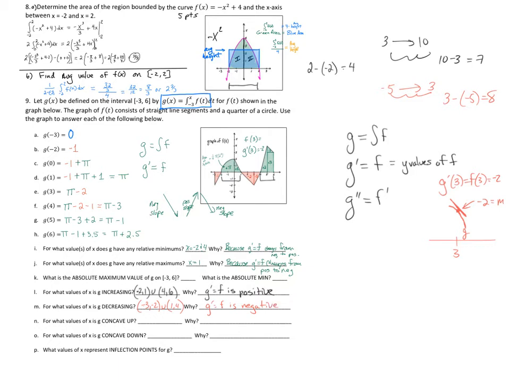Now, let's go back to item K, which says, what is the absolute maximum and what is the absolute minimum? It actually says what is. It doesn't say where is. I could ask you both of those questions.